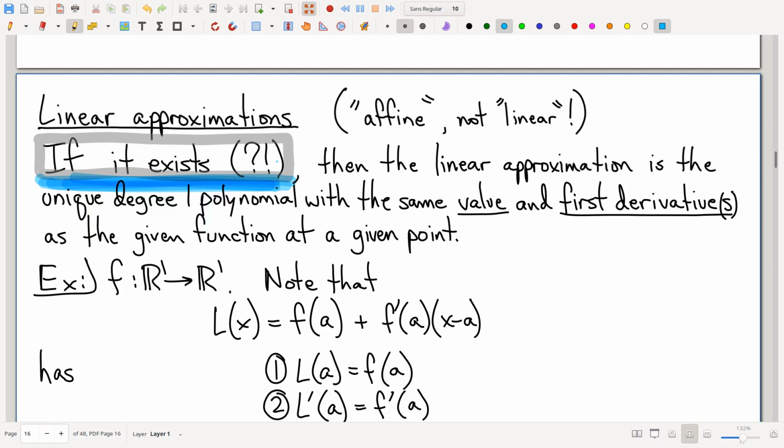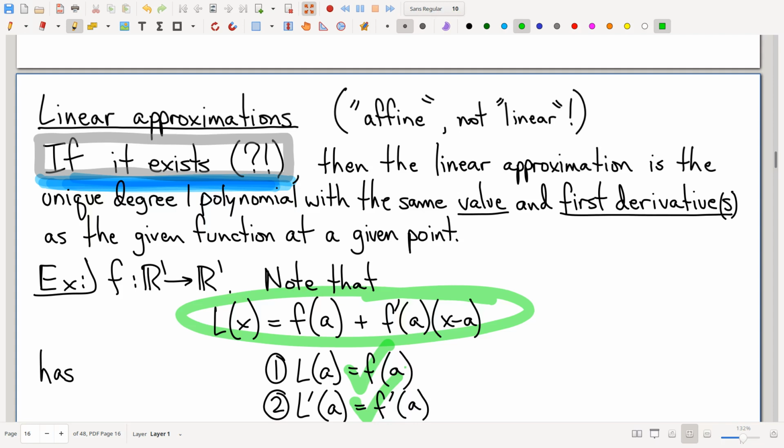Because the motivation that I give for why we write down this formula is that it behaves in a way that I like. Roughly speaking, what we have here is a sort of process of elimination.